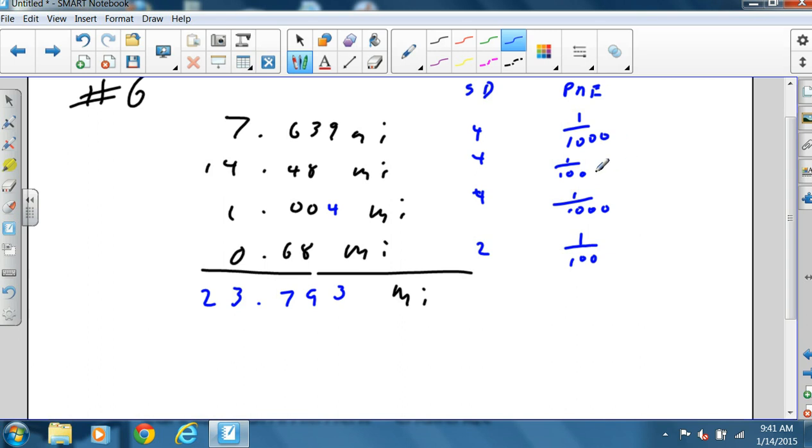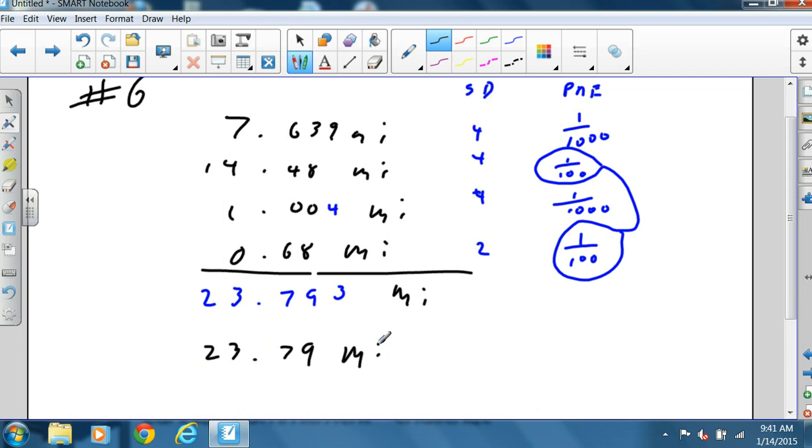All right, so no matter what, I'm no more precise than 1 hundredth, and I shouldn't keep any more than that. And I have 2 significant digits, but those 2 significant digits are part of that hundredths thing, right? So I'm going to say the answer is 3.79 miles.